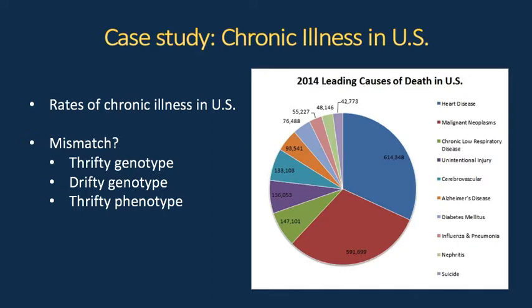So the thrifty genotype hypothesis, if you remember your terminology, genotype means the underlying genetic information. The thrifty genotype hypothesis is an adaptationist hypothesis. Here's how it goes.